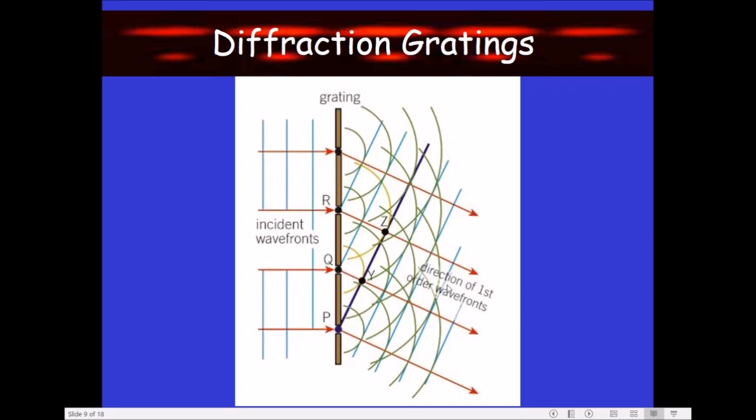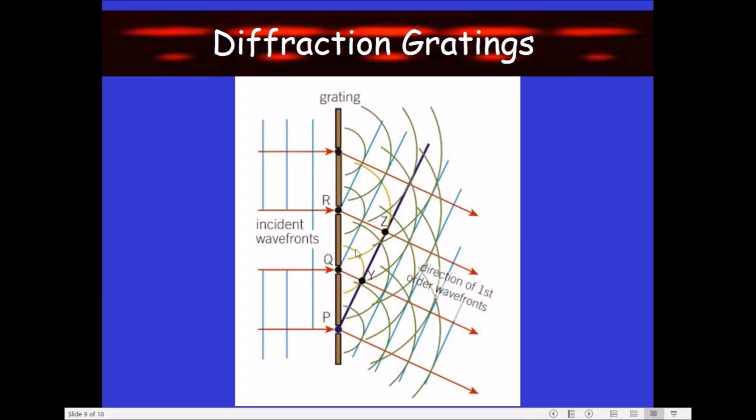The path difference between the light coming from P and Q is one wavelength. The path difference between the light coming through P and R is 2 wavelengths. And if you look at any point along here, the difference between P and R is always 2 wavelengths. The difference between P and what I suppose you'd call S is 3 wavelengths.